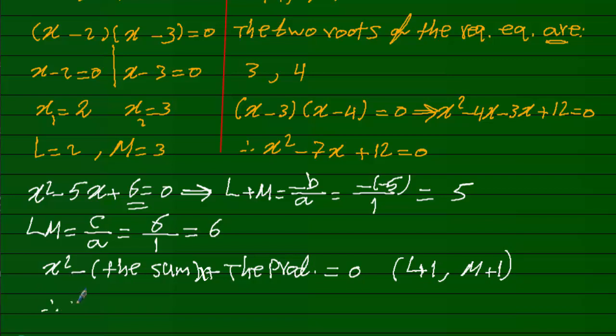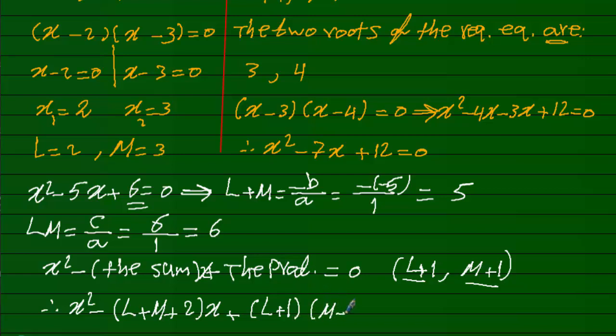So the required equation will be in the form x squared minus the sum of the two roots, L plus 1 plus M plus 1, which will be L plus M plus 2, multiplied by x, plus the product of the two roots, L plus 1 multiplied by M plus 1, and it equals 0.